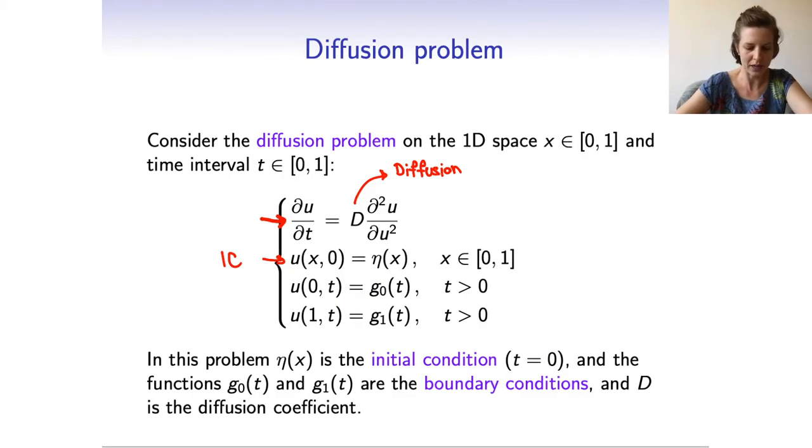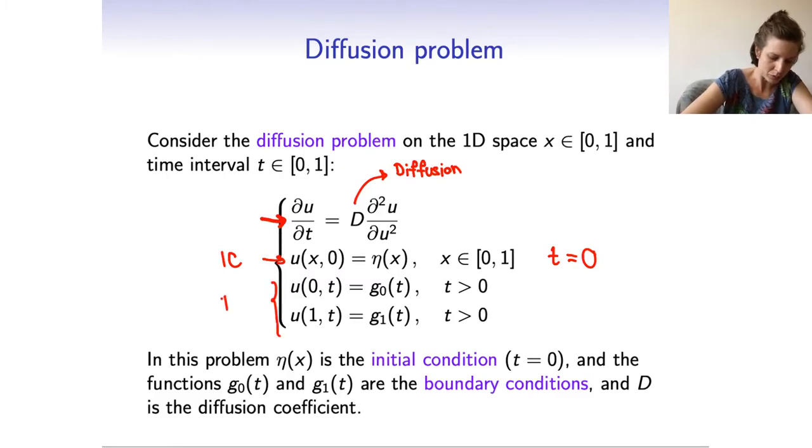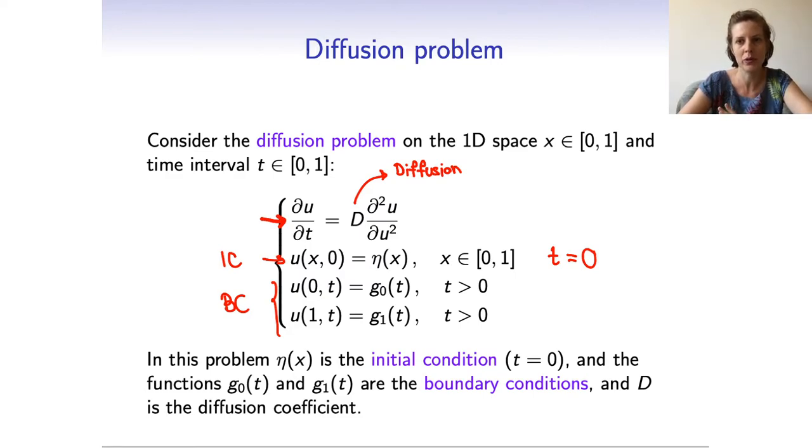So for time equals 0, our concentration starts according to some function eta of x, and these both are the boundary conditions for all the time bigger than 0, on the boundaries for x equals 0 or x equals 1.